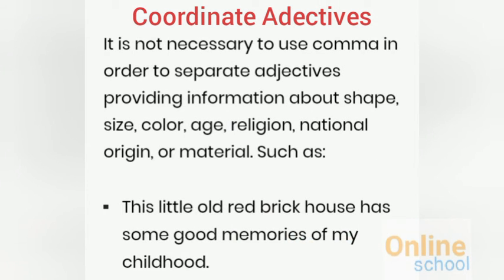It is not necessary to use a comma in order to separate adjectives providing information about shape, size, color, age, religion, national origin, or material, such as: this little old red brick house has some good memories of my childhood.